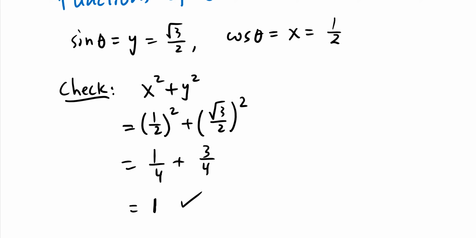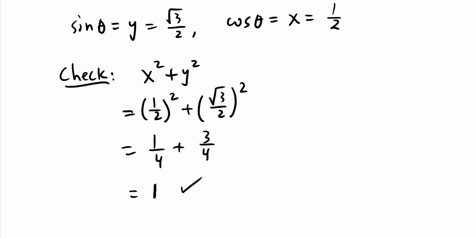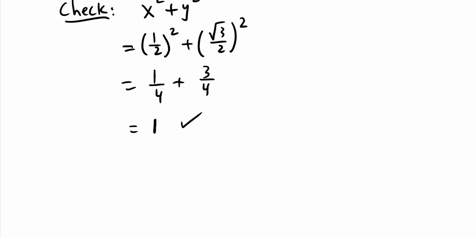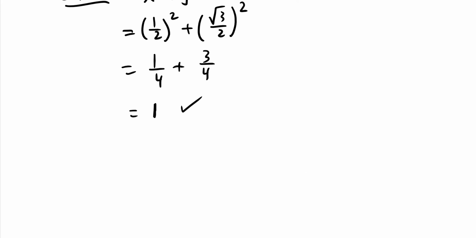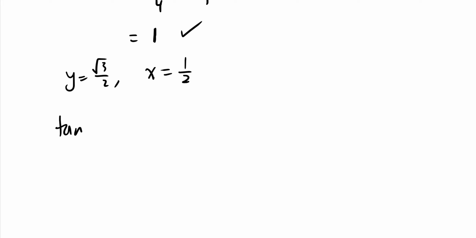So to find the rest of them is going to be very simple here, because we found sine theta is root 3 over 2, which is y. Y is root 3 over 2, and x is 1/2. So what is tangent now? Tangent we define as y over x.